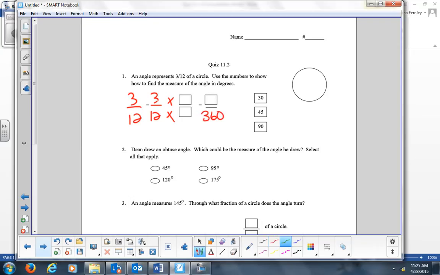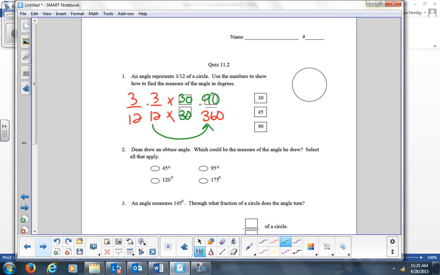All right, so I need to get from 12 to 360. How do I do that? Multiply by what, Carolina? 30. Because 12 times 3 is 36, and I add the 0. What I do to the bottom, I have to do to the top. Okay? So what is 3 times 30 then? 90. Again, what is 3 times 30? 90.